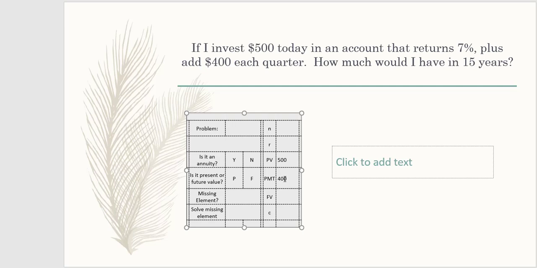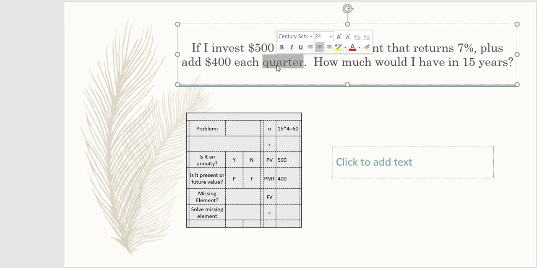So 400 a quarter means that you are putting just a little bit more than $100 a month. And you are doing this for 15 years. So 15 times 4 is 60 times. The reason I did 4 on this one is we're doing it by quarter. And quarter is 4.